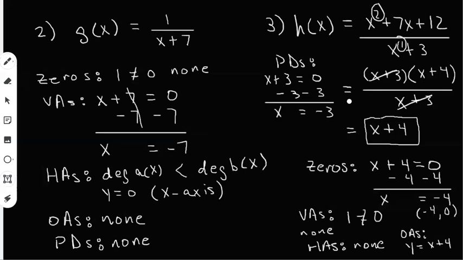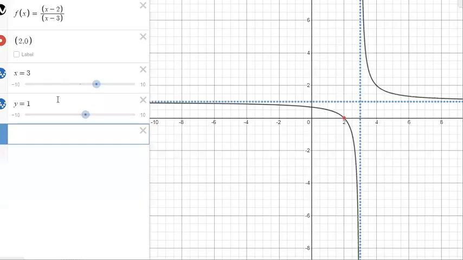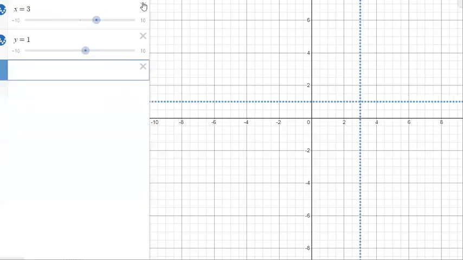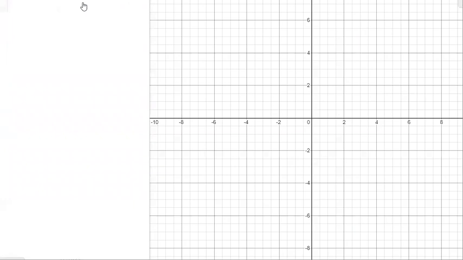So it turns out that I have a point discontinuity at negative 3. Point discontinuities are always going to show up as holes in the graph. So let's go ahead and graph this. H of x is equal to x squared plus 7x plus 12 on top and x plus 3 on the bottom. So let's do that. Let me get rid of all this. And let's do h of x.